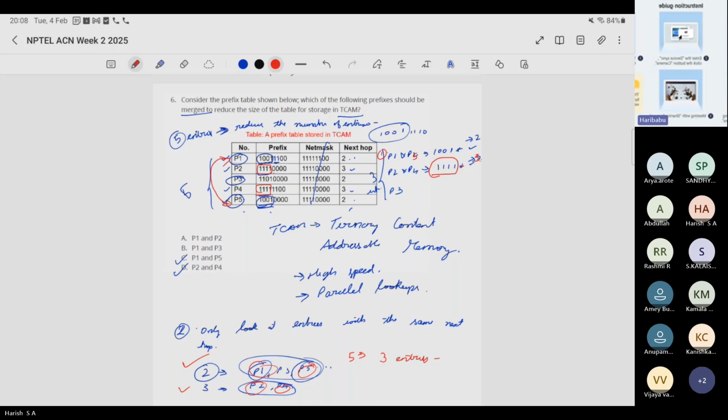There is a common bit for P1 and P5, but there is no common bit for P2 and P4, sir. Are you sure there is no common?